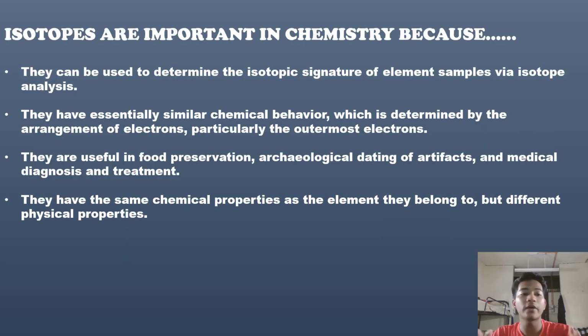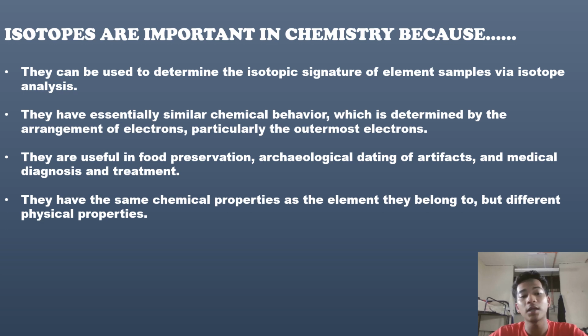So in here we have the reason why isotopes are important in chemistry. First, because they can be used to determine the isotopic signature of element samples via isotope analysis.